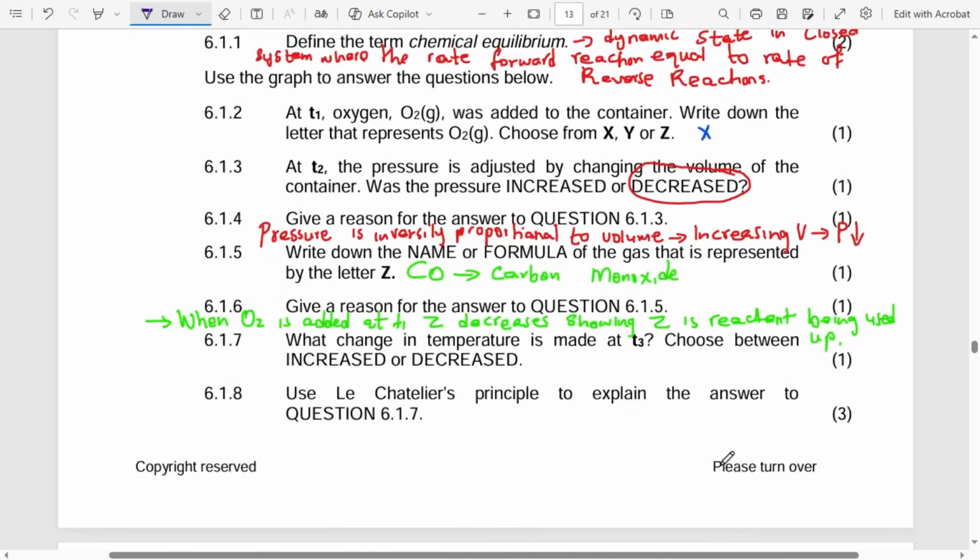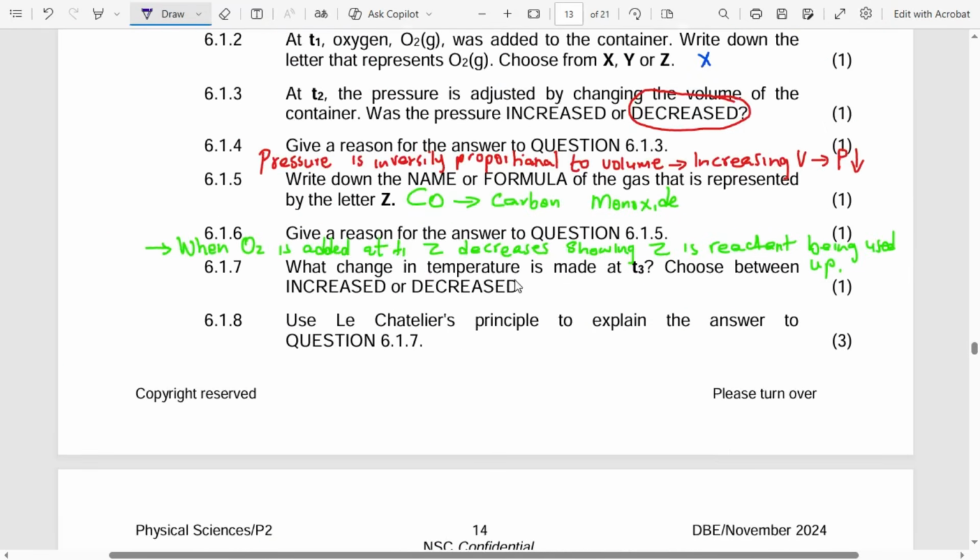Therefore, the correct answer is the temperature is decreased because more products are formed at T3, meaning that the exothermic reaction is favored. We're going to use that to explain this according to Le Chatelier's principle.